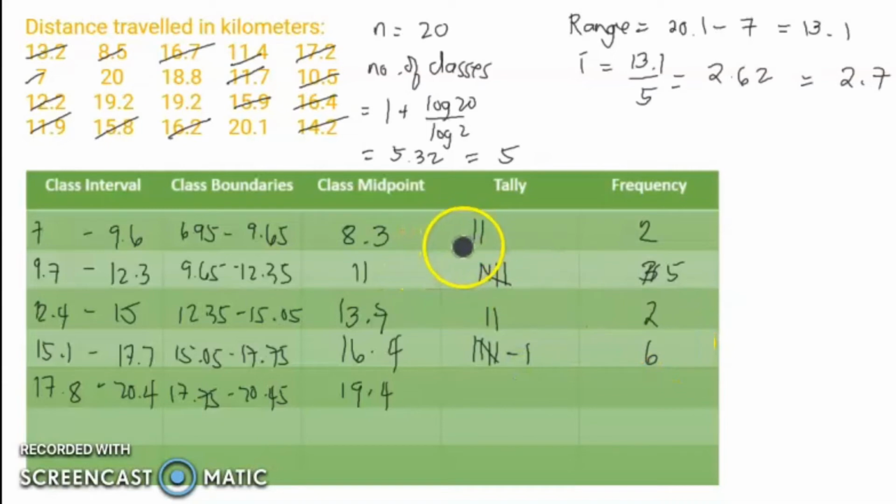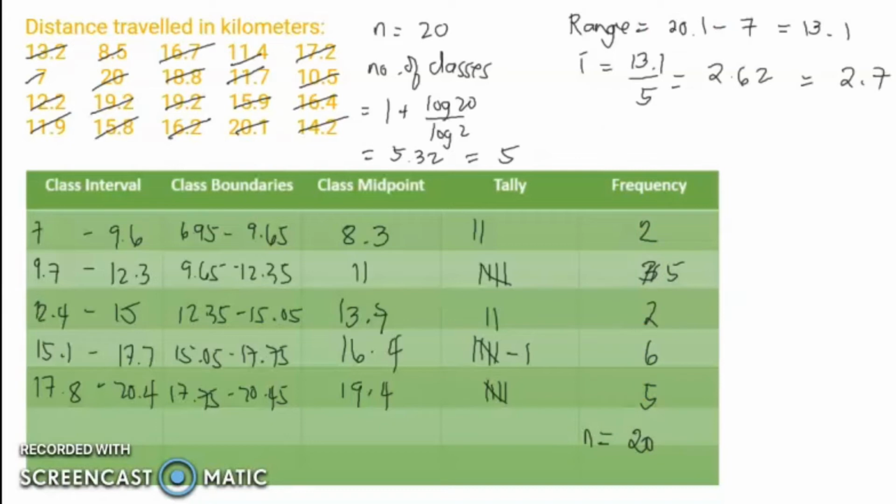And then the last one, 17.8 to 20.4. 1, 2, 3, 4, 5. Let's check if our total matches the given number of values. 2 plus 5 is 7, plus 2 is 9, plus 6 is 15, plus 5 is 20. So the distance traveled in kilometers, the given values are 20. So that's our total. Okay? Very good.